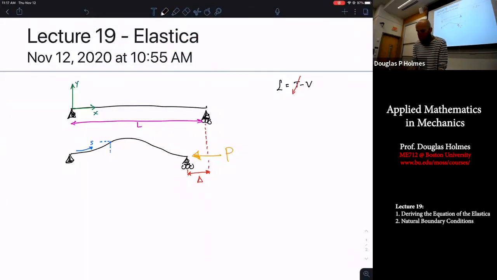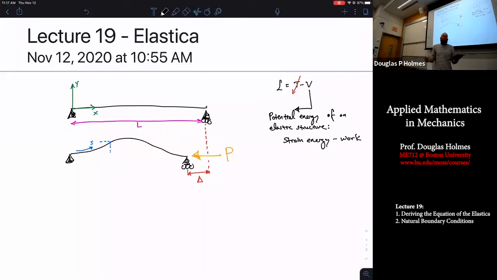So the potential energy of an elastic structure is the strain energy minus the work being done to it.